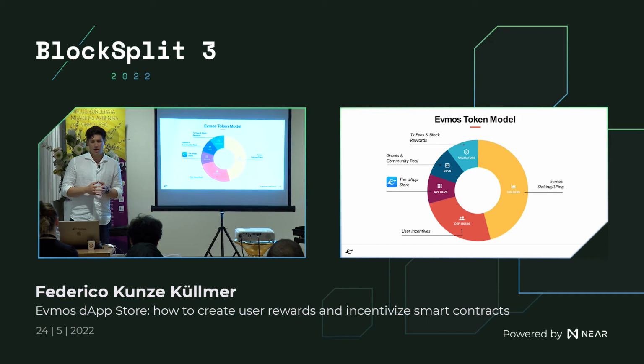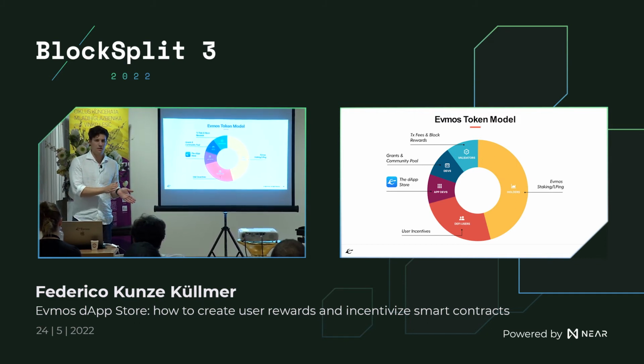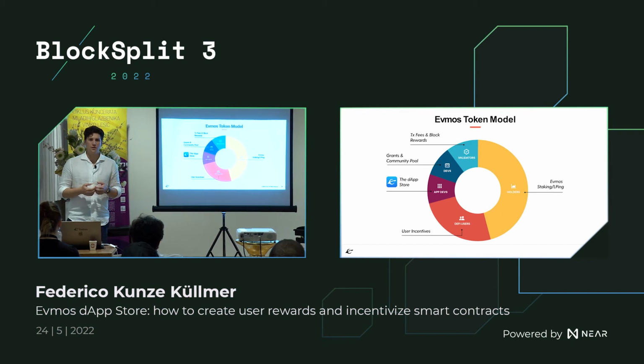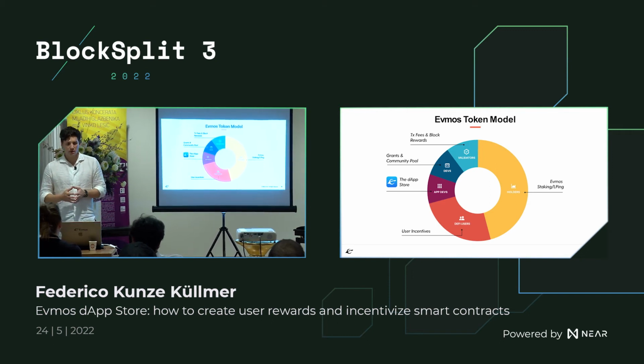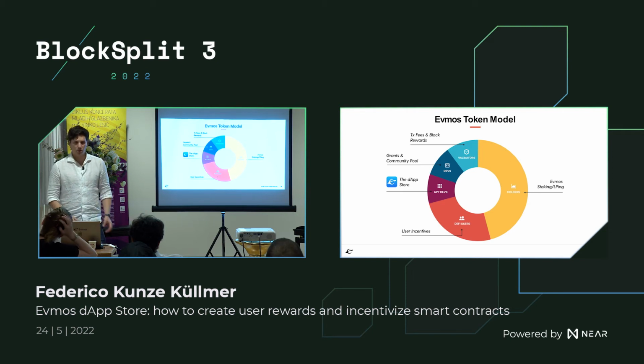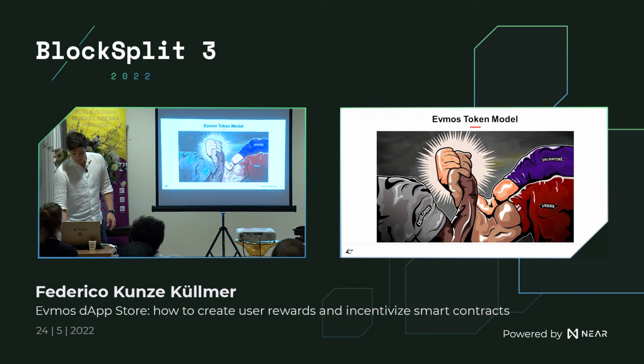Application developers get 50% of the base fee for all the transactions that are interacting with their applications. Code developers have grants and the community pool. And validators have the transaction fees and the block rewards for providing their validator services. So we're creating long-term sustained economic growth for the entire ecosystem by aligning all these different users.